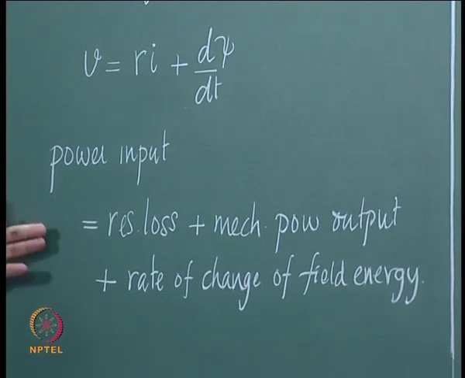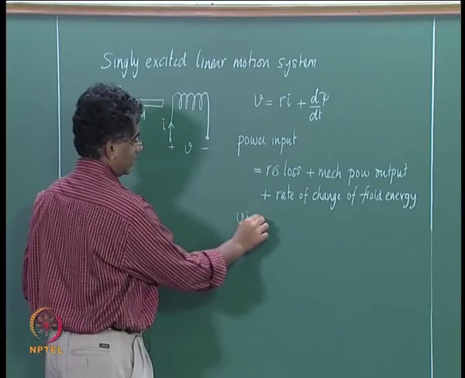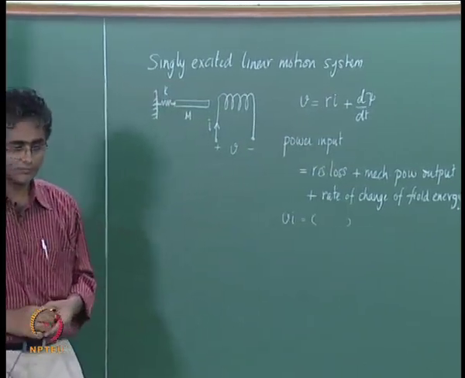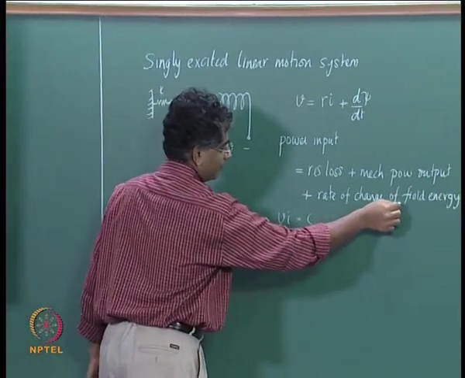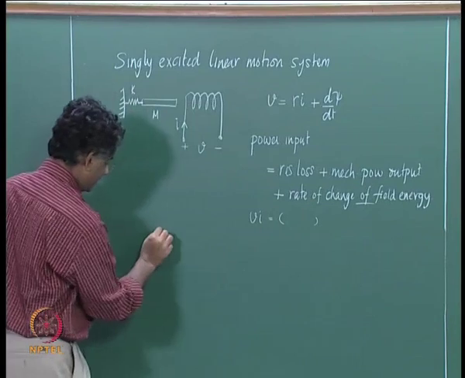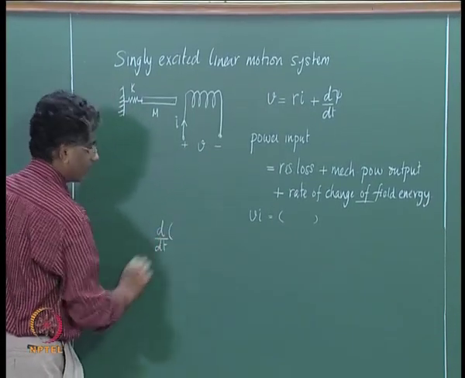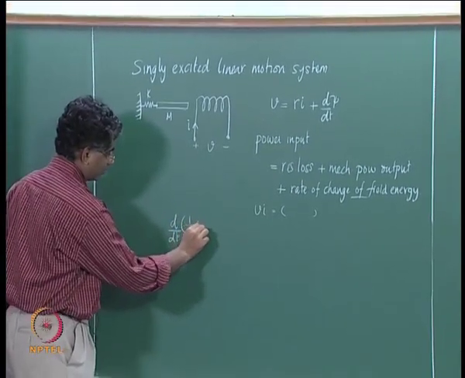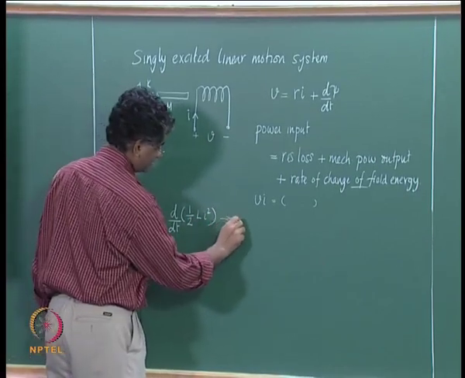and from this we wrote down the input electrical power, Vi, which was equal to I multiplied by this expression, and then we wrote down that the rate of change of field energy is nothing but the derivative of the field energy, which we wrote down as half Li square if it is a magnetically linear system.